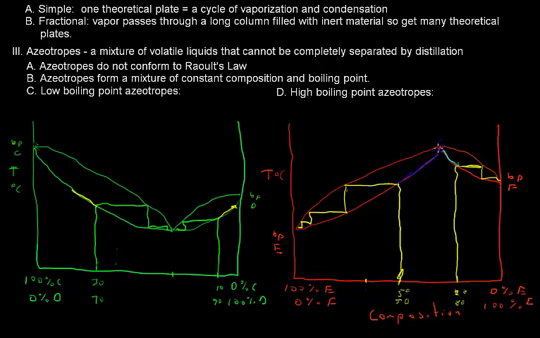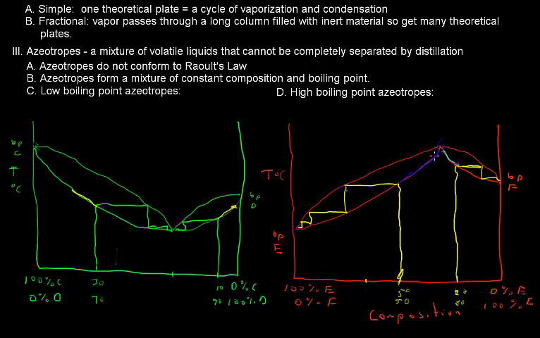And you no longer get any separation at this point. At the azeotropic composition, the liquid boils at a constant temperature and both components come off in this ratio, whatever that is. It looks like maybe 25% E and 75% F at the azeotropic composition there.